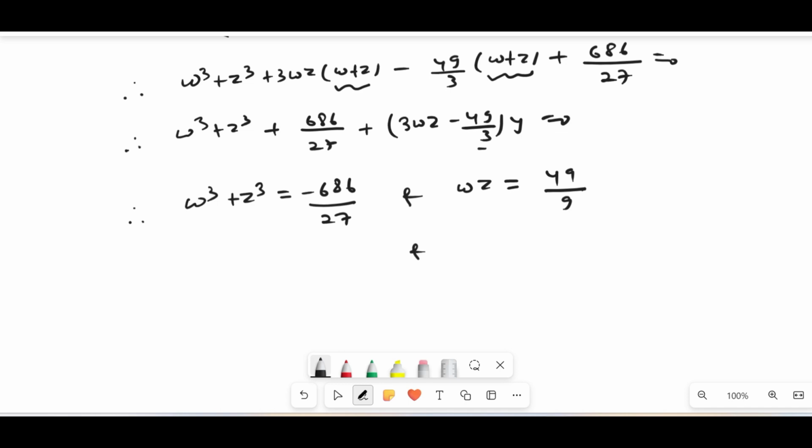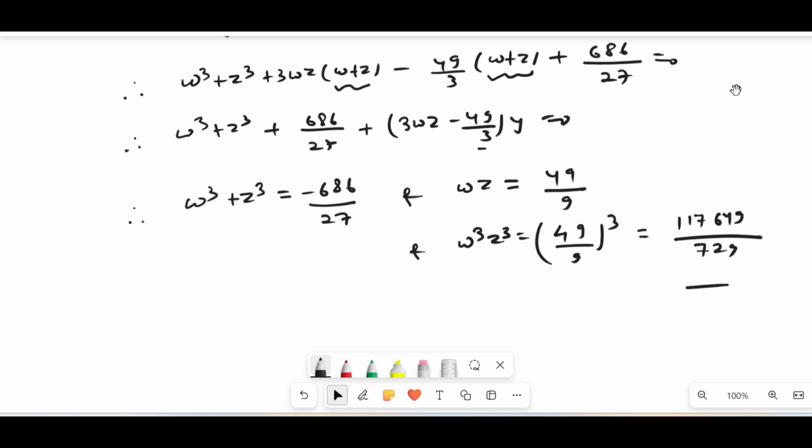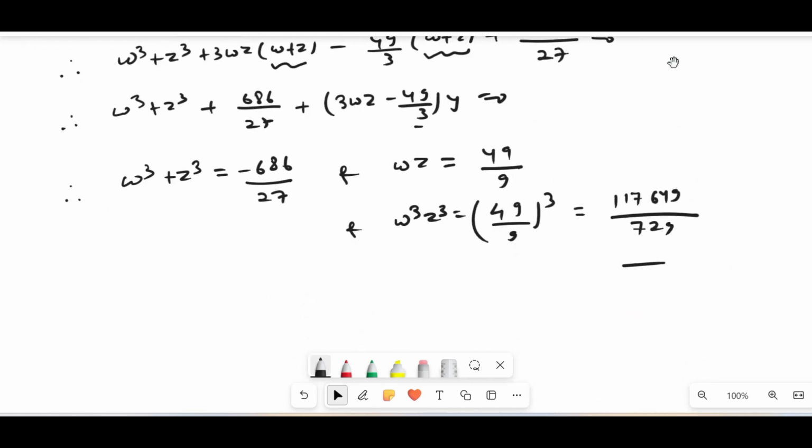So further we can write w cube z cube is equal to 49 over 9 to the whole power 3, and this value becomes 117649 over 729. That is equation number 4.